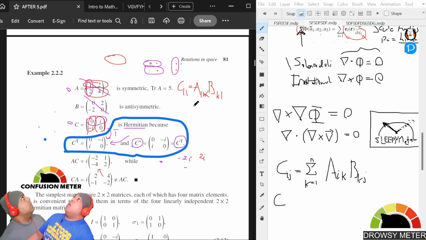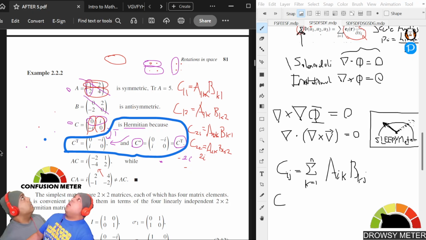Yeah. C12 is a1k bk2. C21 equals a2k bk1. C22 is a2k bk2. Okay.